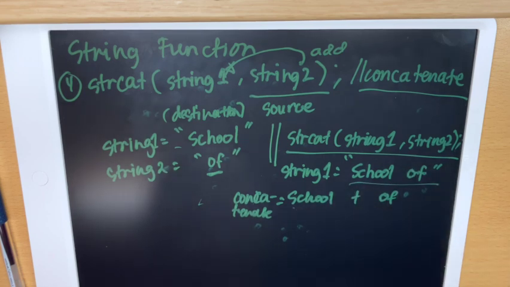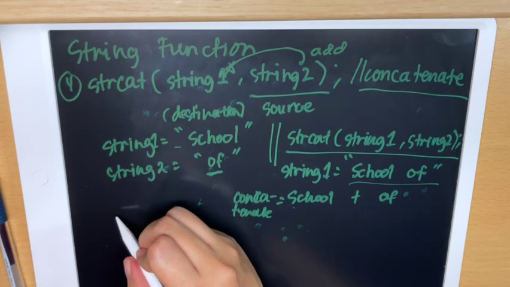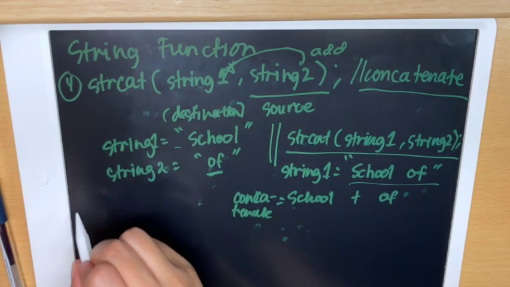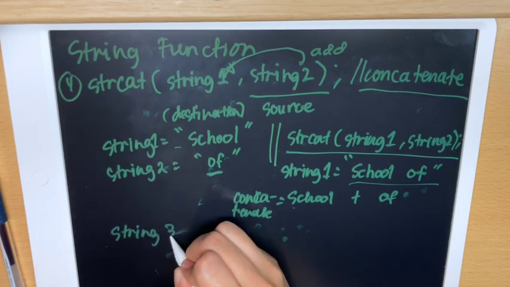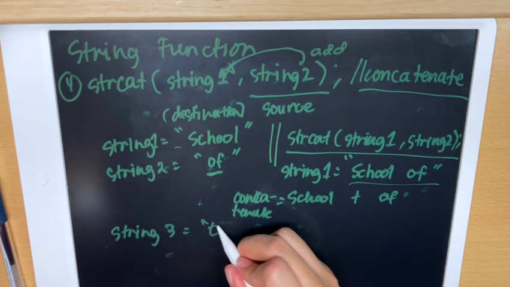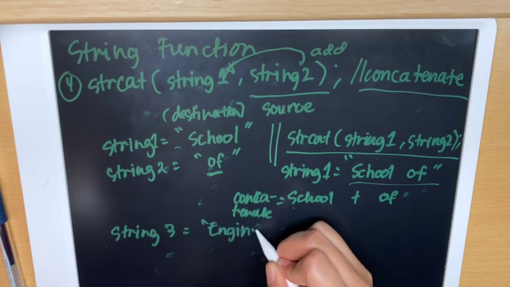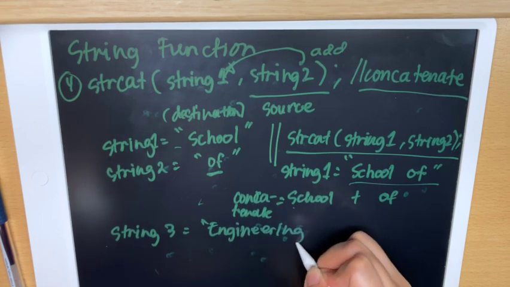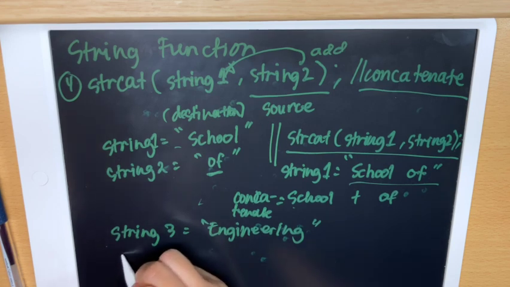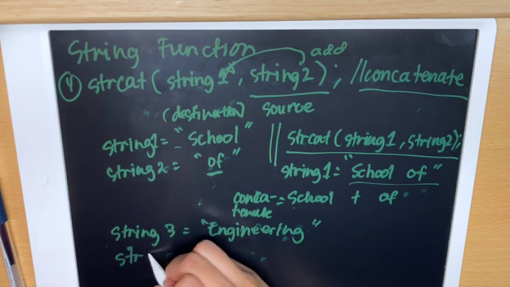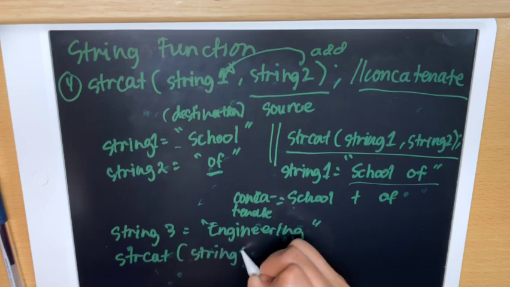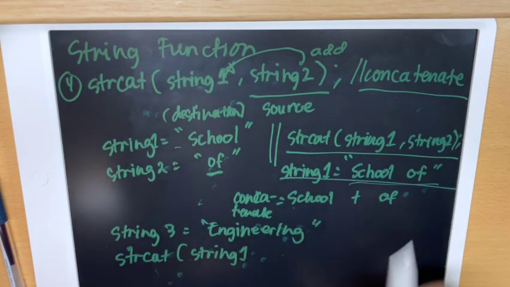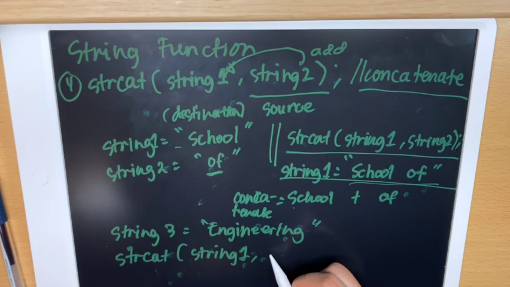And let's concatenate more. Let's just say after this you have string 3, which is the word "engineering". And then you concatenate string 1, so now the value of string 1 is this one, and add string 3.